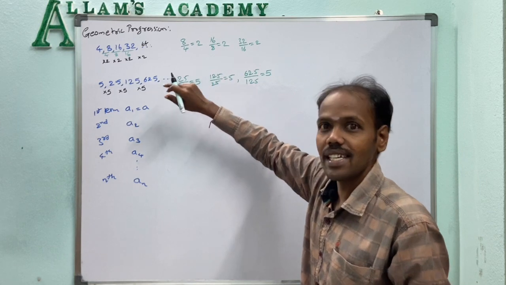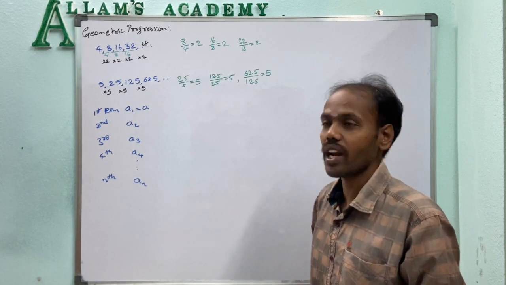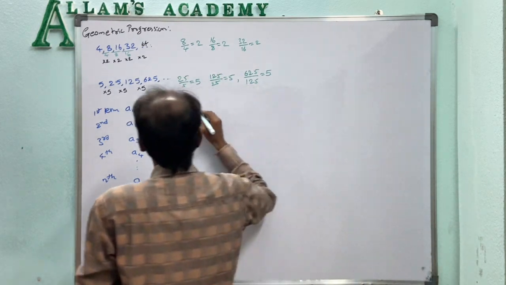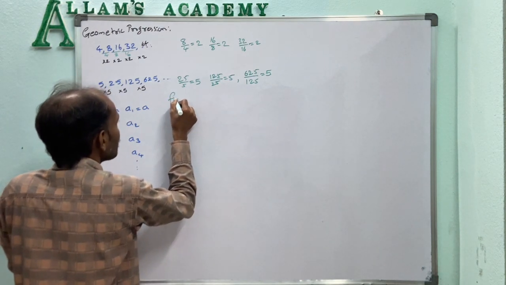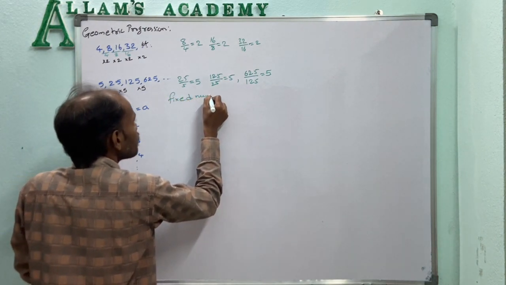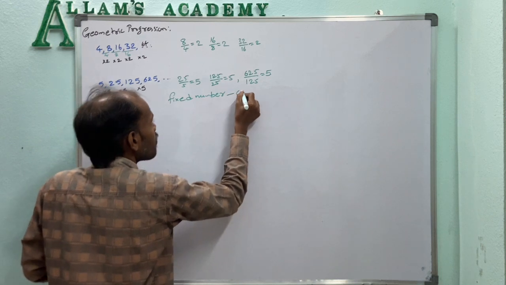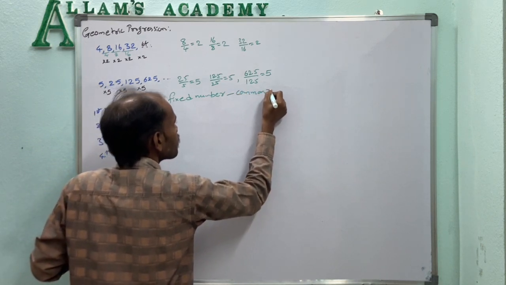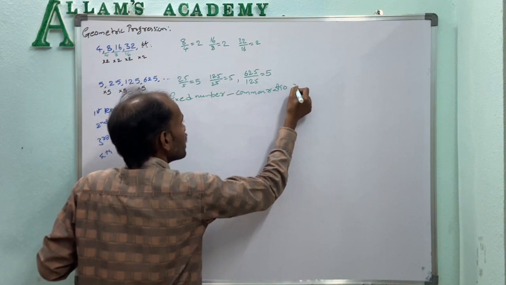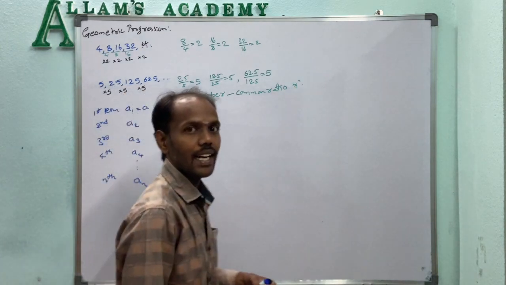So division is nothing but a form of ratio. That is why this fixed number is called the common ratio, and it is indicated with the letter r.